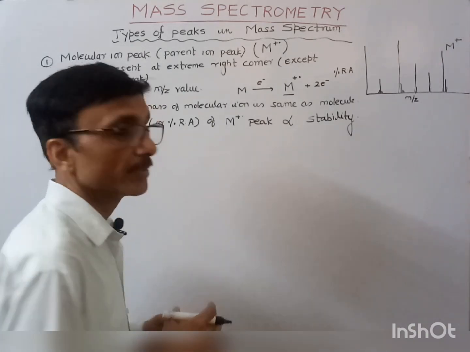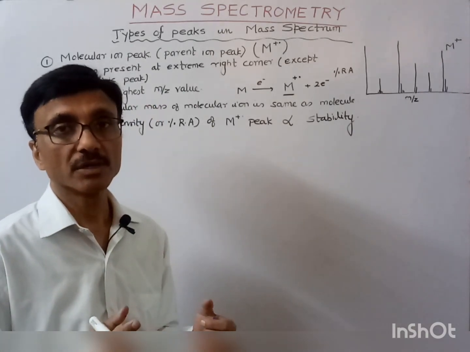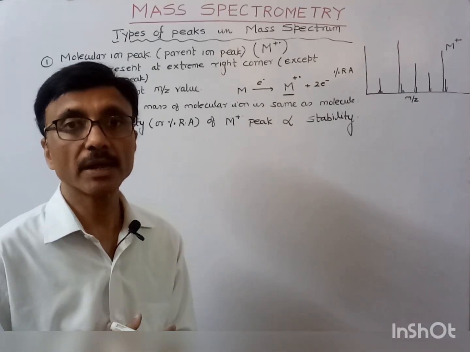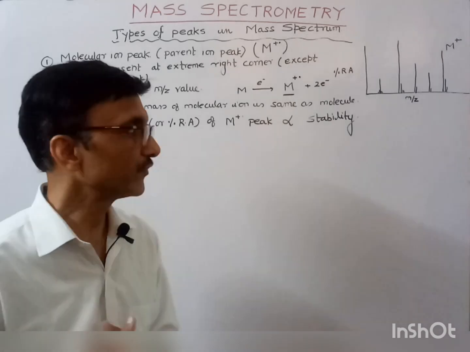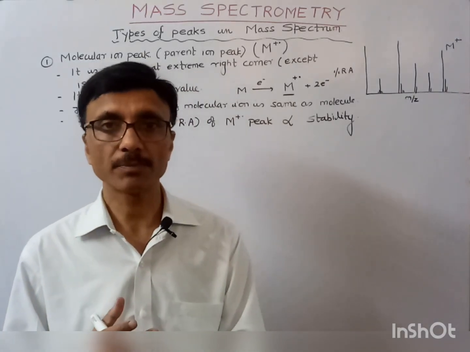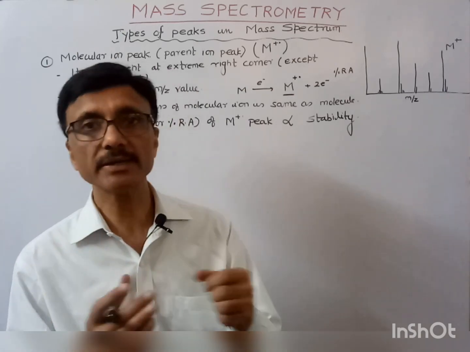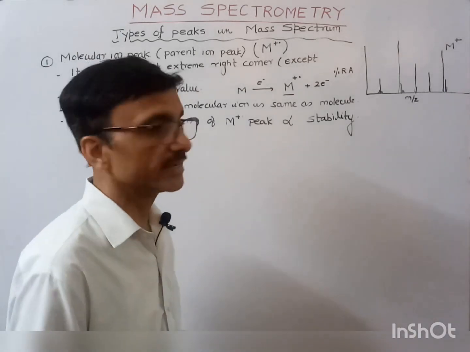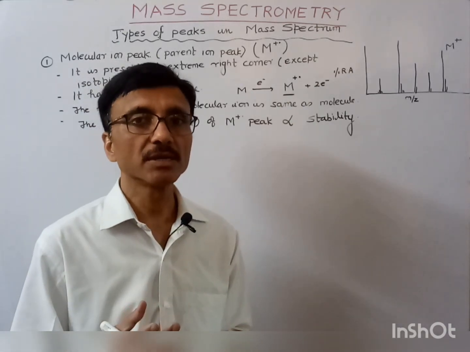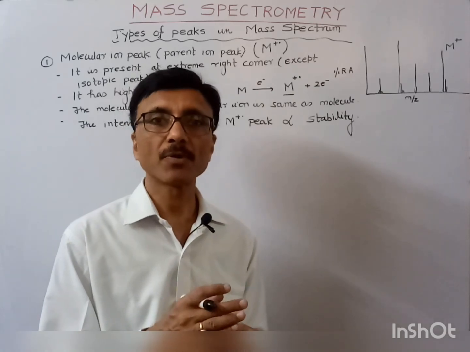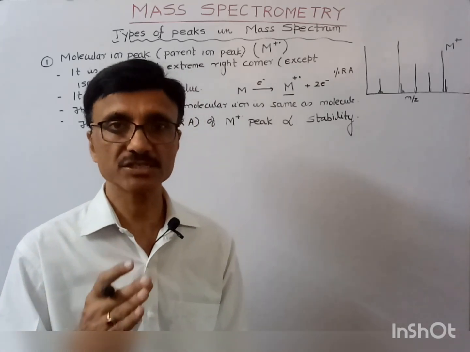Now, suppose we compare an aliphatic alcohol and an aromatic compound. Which will give the more intense molecular ion peak? No doubt, the aromatic compound will give the more intense peak.